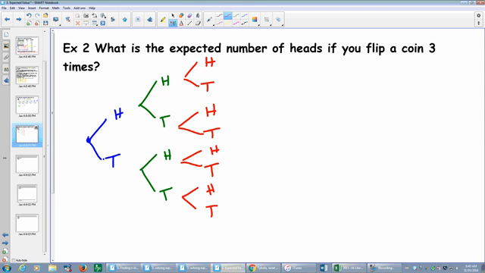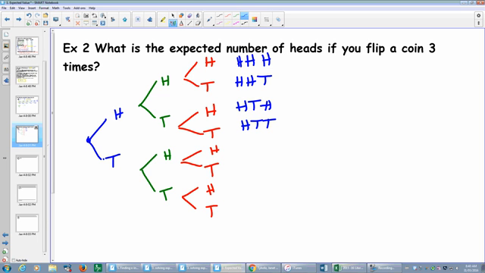Billy, if you follow the top branch, what are the options there? Yep. That's 3 heads at the top. Pat, what comes next? Heads, heads, tails. What comes next, Natalie? Good. And what comes next, Mike? Very good.